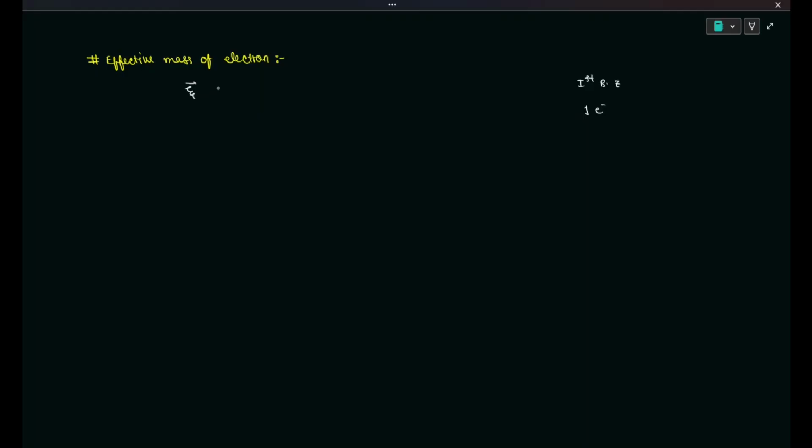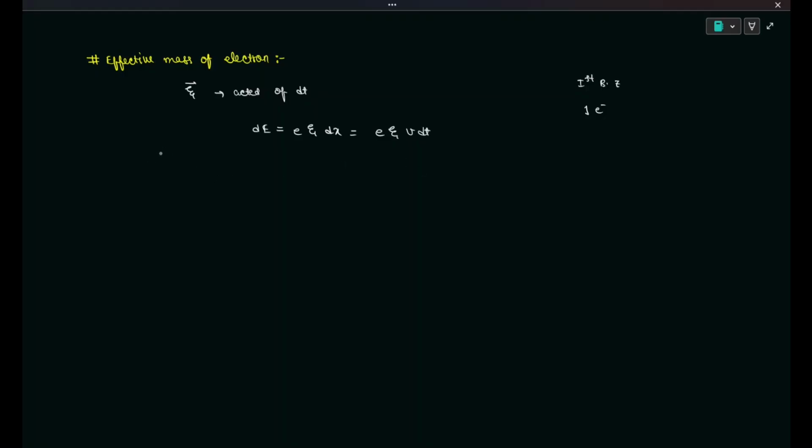We are assuming that this electric field acts for a time dt. So the increase in the energy of the electron will be given by dE equal to eE dx, where dx is the distance which this electron moves in this time dt, and this will be equal to eE times velocity times the time.